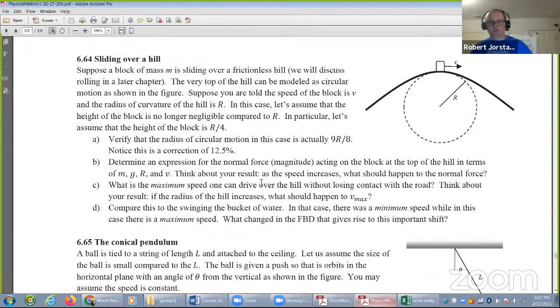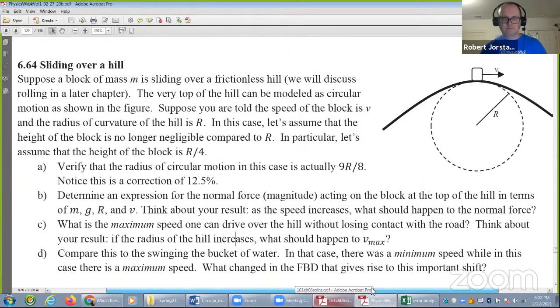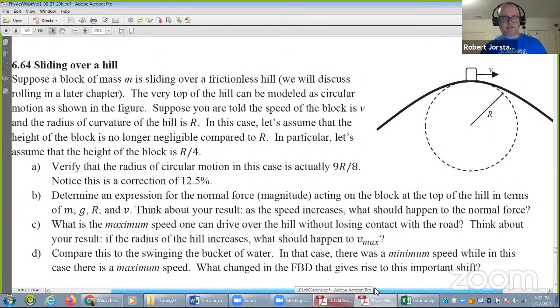All right, and I'm going to blow this up a little bit here, but I'll give you a second to read it. You're going to see this sometimes in physics problems where a car is going over a hill or on a ramp or something.